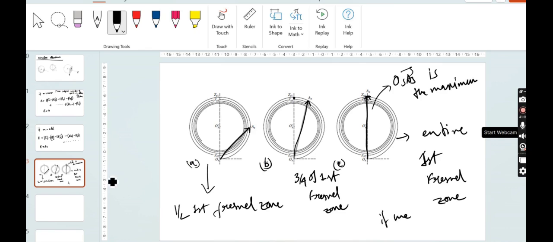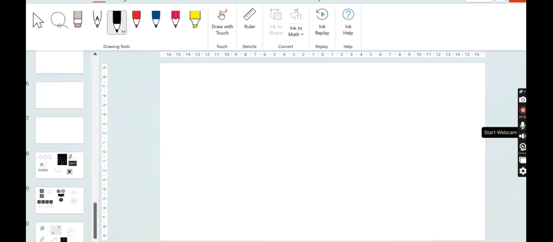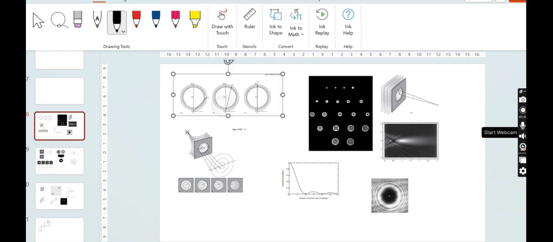If we increase the hole, irradiance will decrease. That's the key thing.